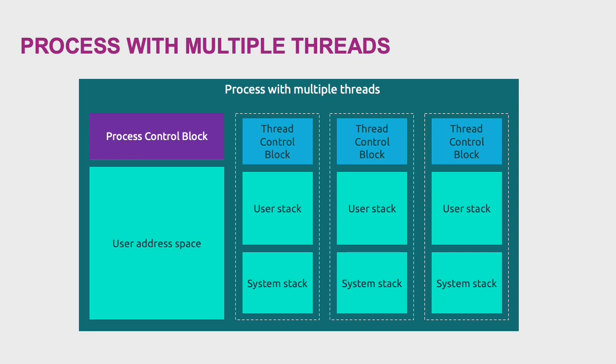In particular, for each process, we have the process control block, a user address space, which is shared among the different threads, and the threads of execution that implement the application. For every thread we have the TCB, the thread control block, along with the user stack and system stack.